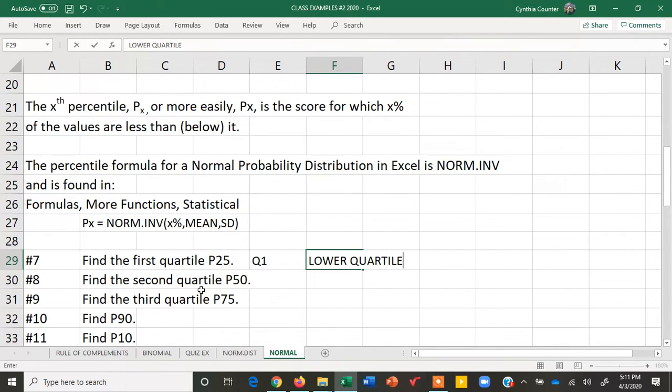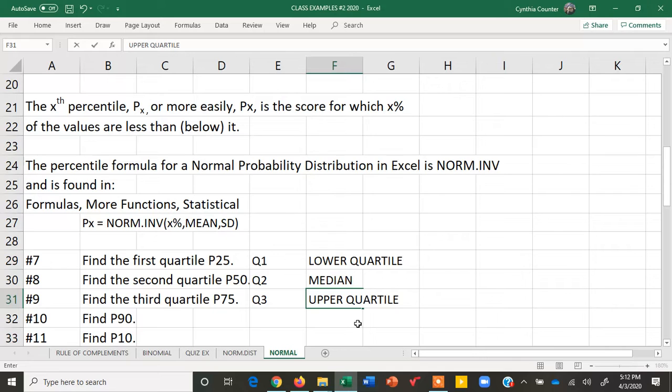The second quartile, which is the 50th percentile P50, has 50% of the data below it, so it could be called Q2, but it's usually simply referred to as the median because half of the data is below it. The third quartile has 75% or 3/4 of the data below it, so that is Q3, and this is also referred to as the upper quartile.